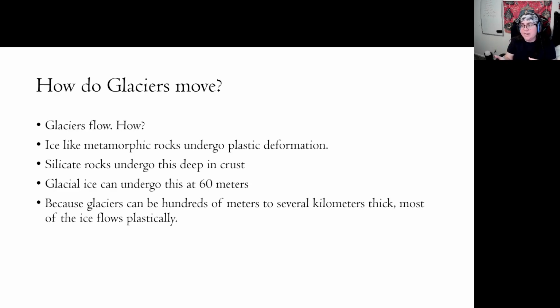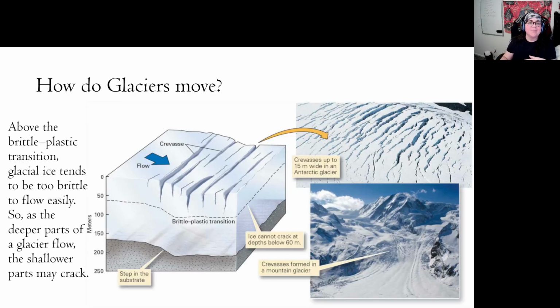For silicate rocks, this happens very deep in the crust. For glacial ice, this occurs at about 60 meters depth. We've talked about how glaciers can be kilometers and kilometers deep. Therefore, most of the glacier can move around plastically.